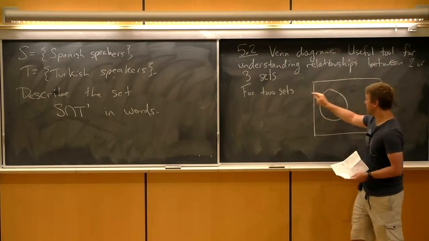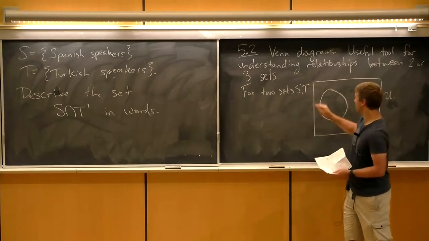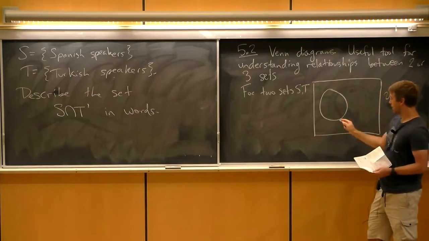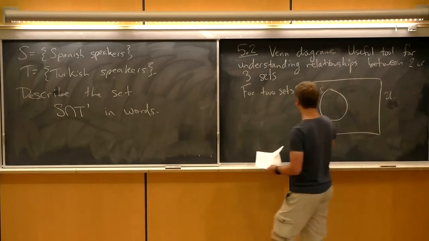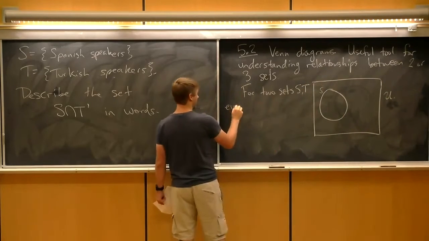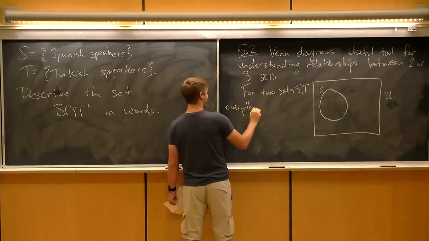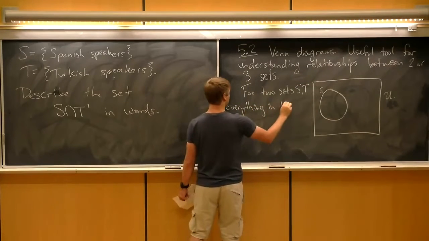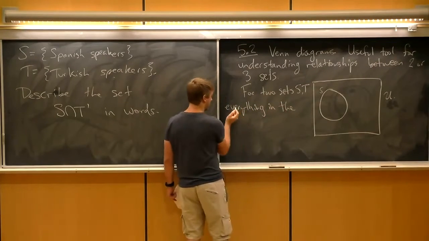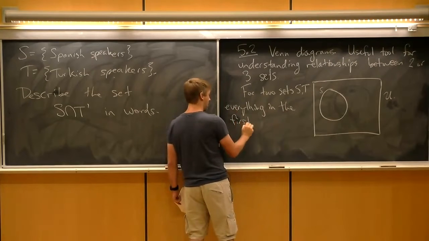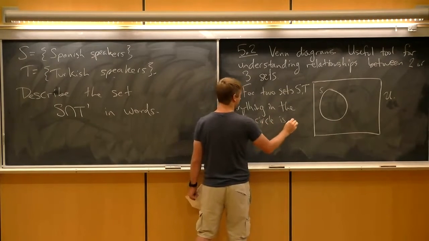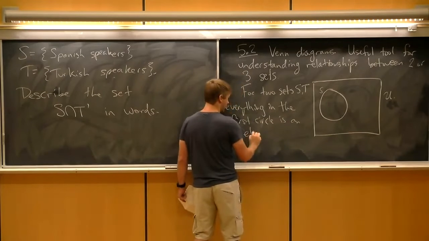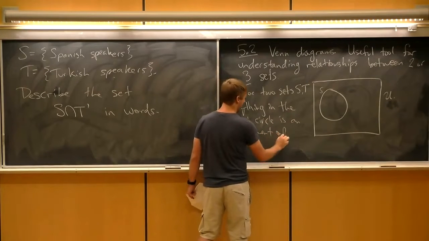So let's say we have 2 sets, S and T. And everything in the first circle is an element of S.